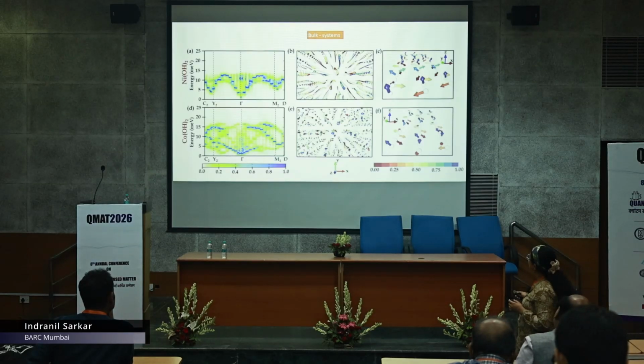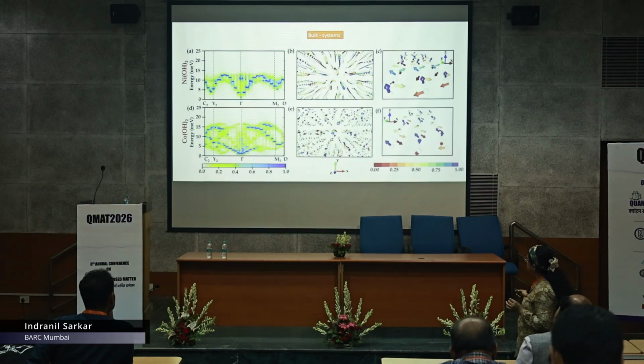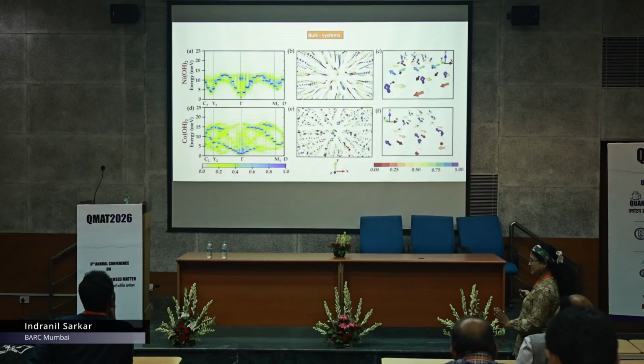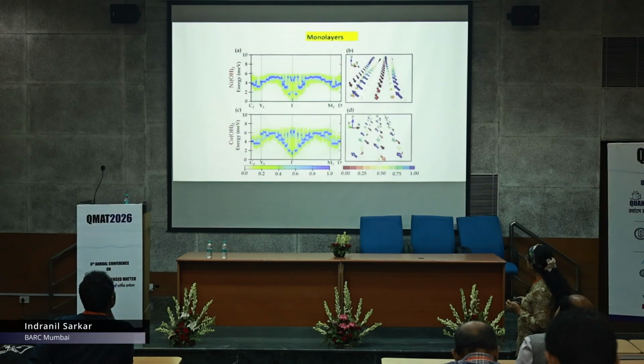If you look at the S(q, omega) plots, that means the spin-spin correlation plots, there is a spiral structure aligned along the z direction. This is a spin spiral present within the system for both monolayer and bulk.